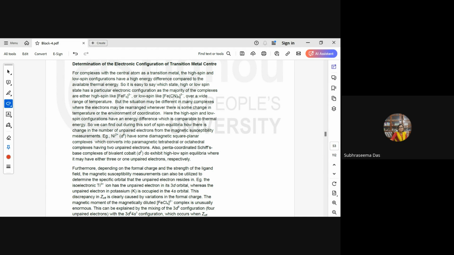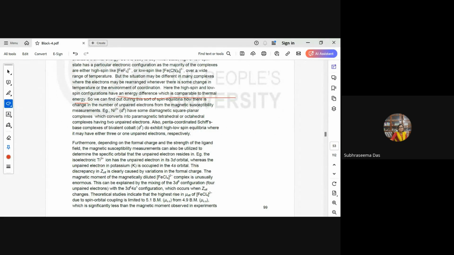Here the energy varies, and the thermal energy also varies over a wide range of temperature. Particularly in this case, the high spin and low spin configurations have an energy difference comparable to their thermal energy. So we can find out, during this sort of spin equilibria, how the number of unpaired electrons changes by looking at their chi m values, that is, their magnetic susceptibility values.